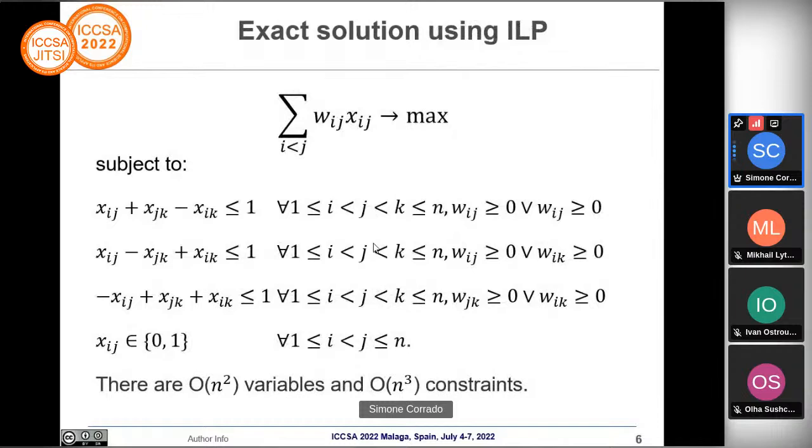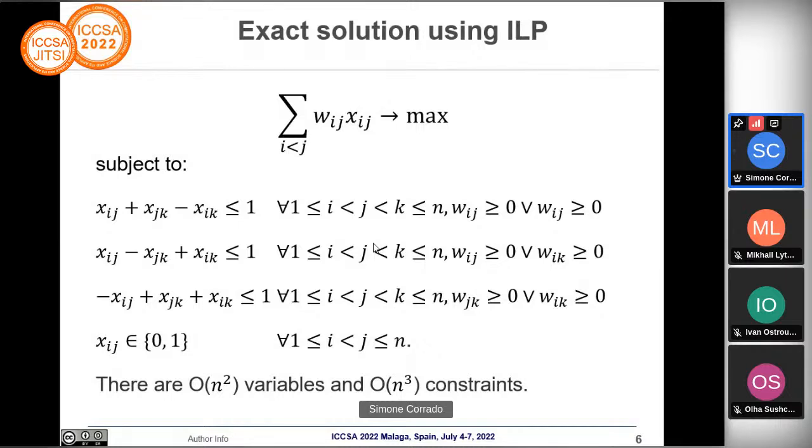So the approach to solve the problem, the most common, is to formulate it as an integer linear programming problem, where we define a Boolean variable for each edge, indicating that an edge falls into a cluster. If the variable is 1, the edge is inside a cluster, and if it's 0, that means the edge connects vertices from different clusters. And the constraints here just ensure transitivity.